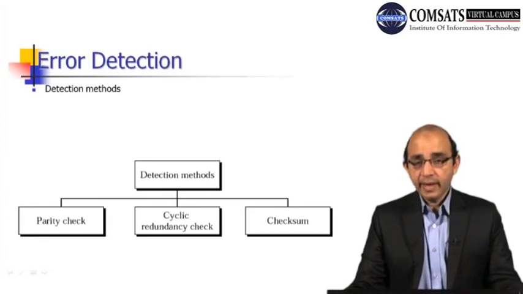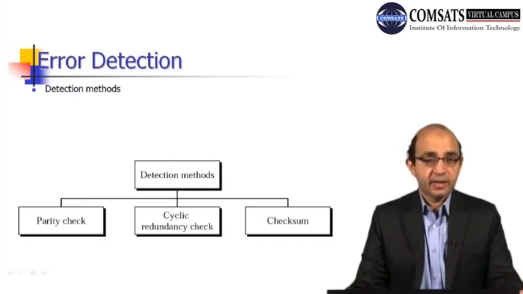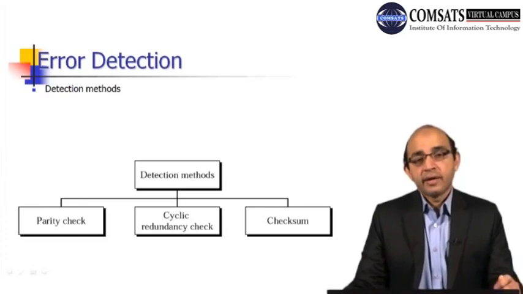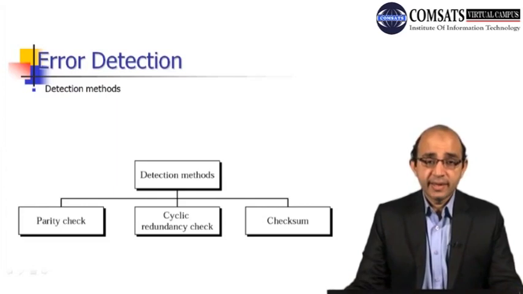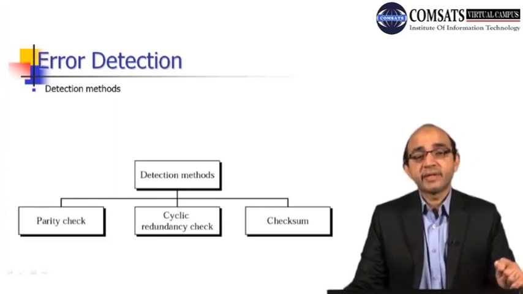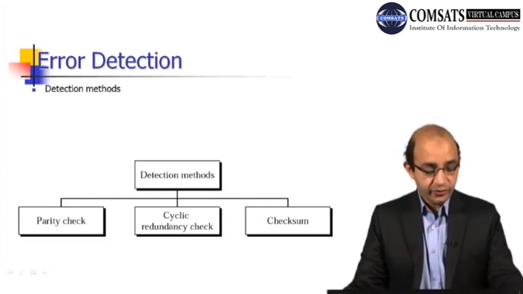As we first have to detect errors, and then there are certain codes that have the capability of error correction. Error detection is something else, and correction is another sort of algorithm.